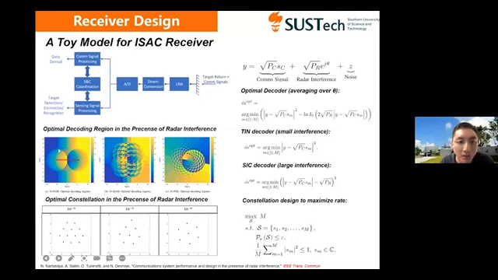In optimal decoding, you can see that with this optimal decoder, these are the optimal decoding regions in the presence of radar interference. And in these designs, they solve this optimization problem in the presence of the radar interference. Then you can have these optimal constellation designs under different symbol error rate constraints, for example, 10^-3, 10^-5. Okay, so you will end up with different constellations.